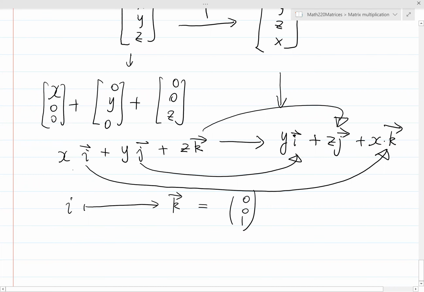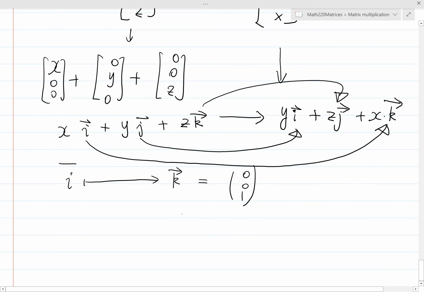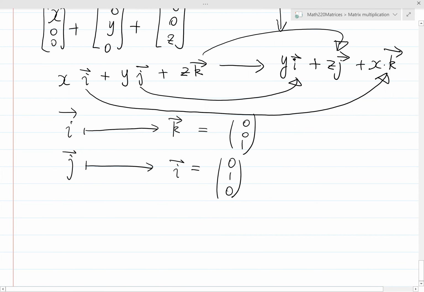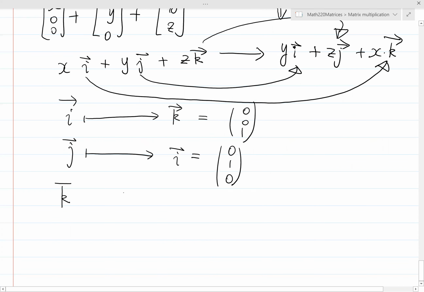The second component J goes to I, which is 100. And K goes to J, which is 010. Yeah, I got it wrong for I.